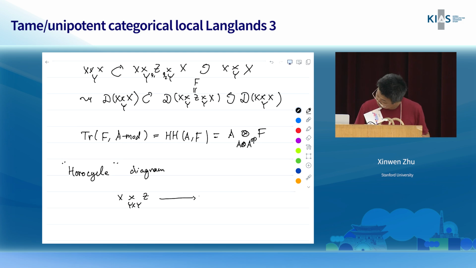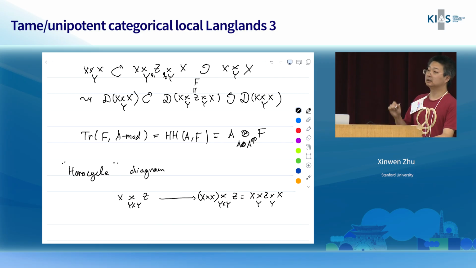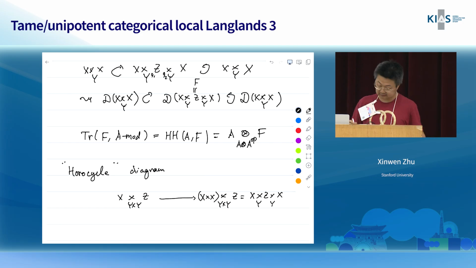So then this is X times X over Y times Y for Z. I just rewrite X times Z times X over Y times Y in this following form.